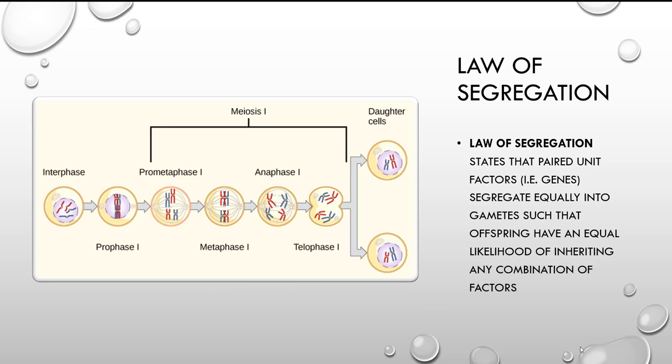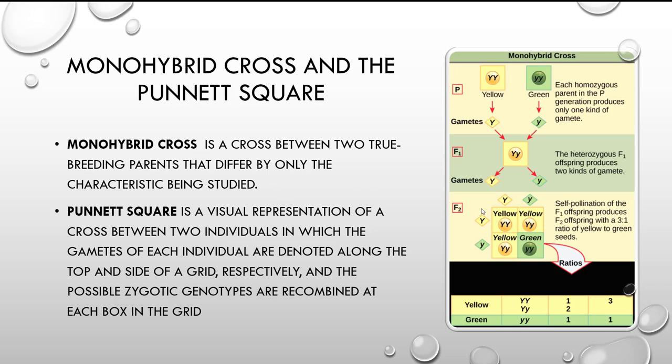And then because of the shuffling of the genes in the gametes, the Punnett squares show a 50% chance that there's going to be a big Y in the gamete, and a 50% chance that there's going to be a little y in a gamete.